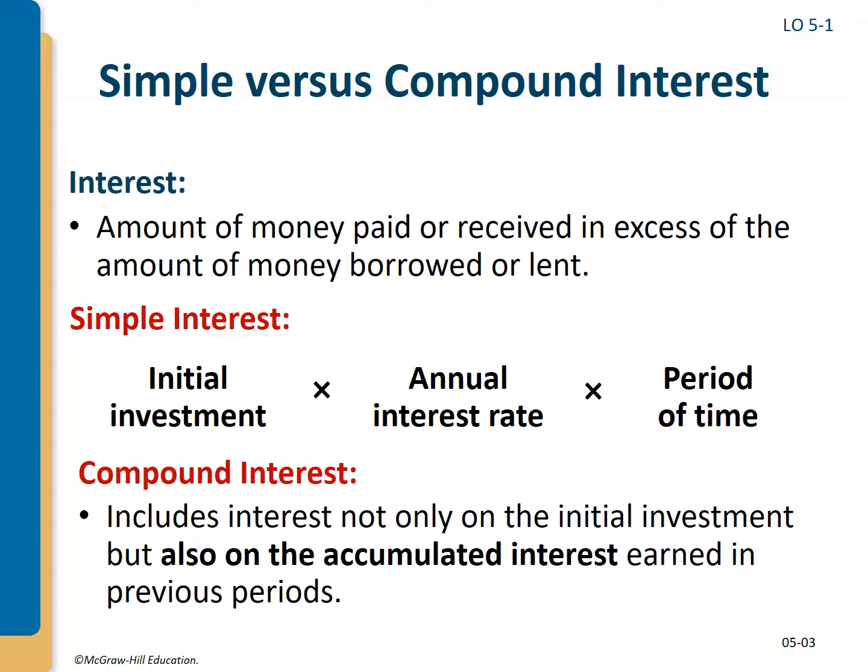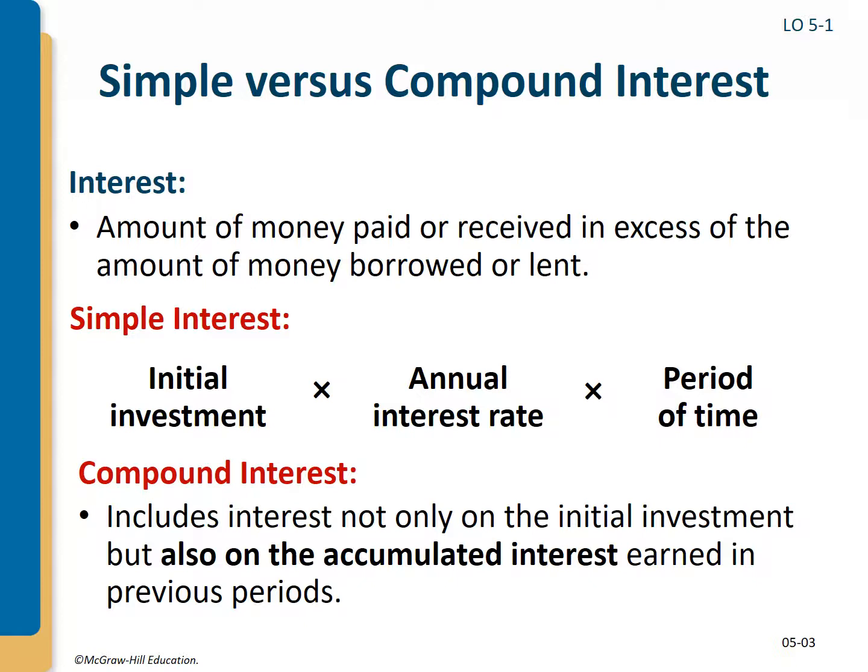So if you had $1,000 invested for 3 years, 1,000 would be your initial investment, period of time 3 years, interest rate 6%, 1,000 times 6% would be $60. 60 times 3 would yield $180 of interest, simple interest.